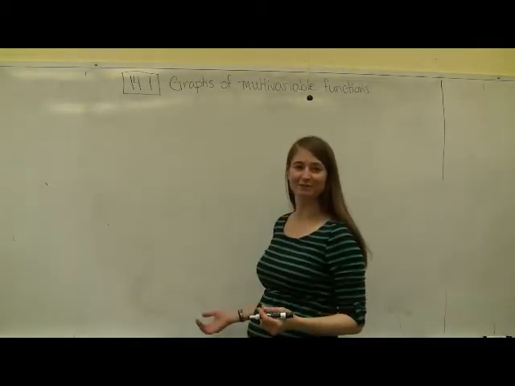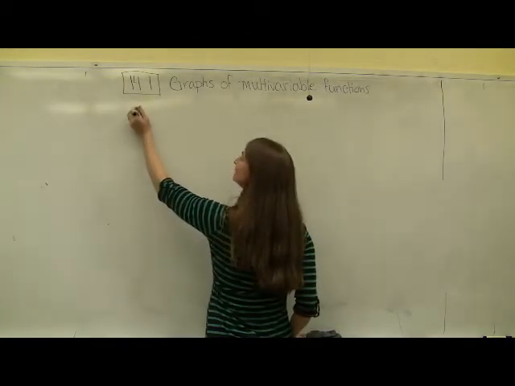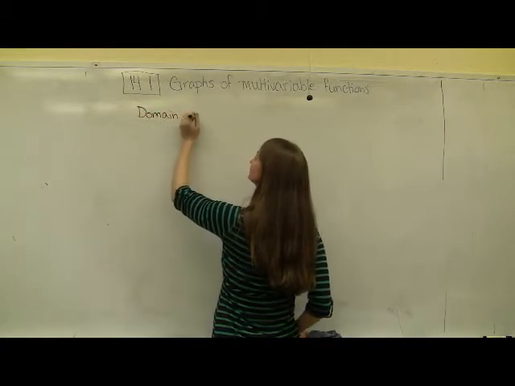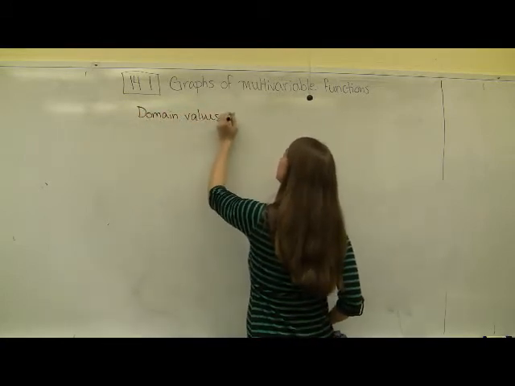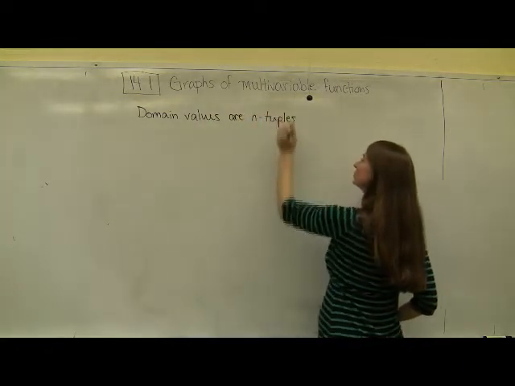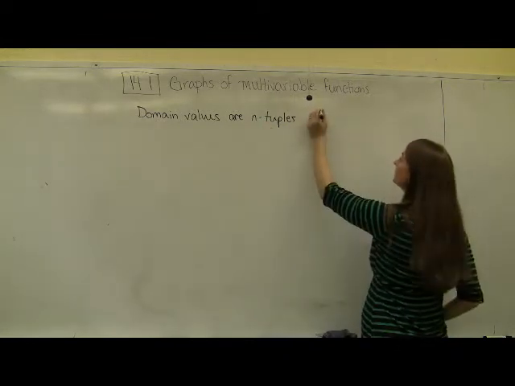So what is a multivariable function? A multivariable function is a function whose domain values are n-tuples. What does that mean? It means typically we talk about ordered pairs.